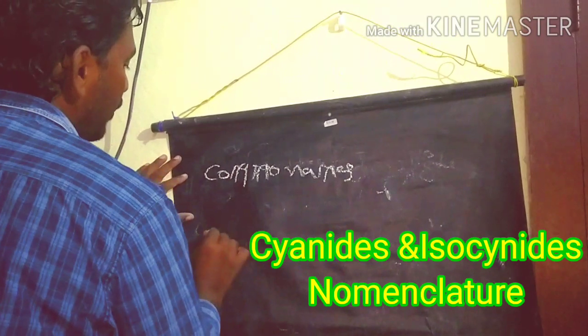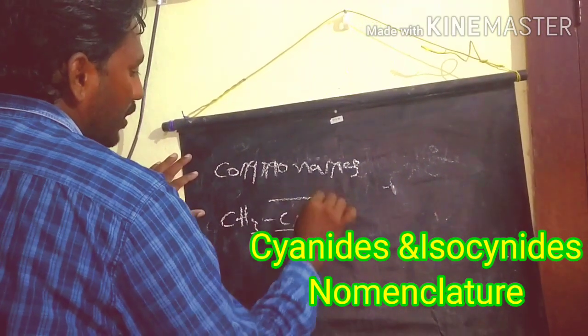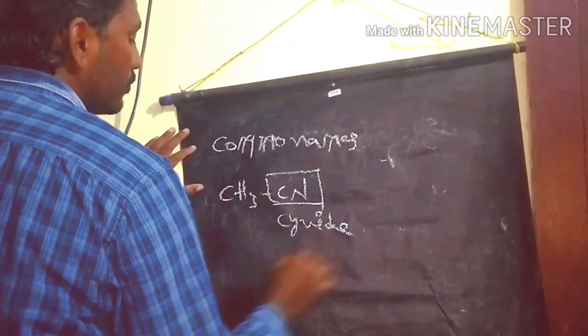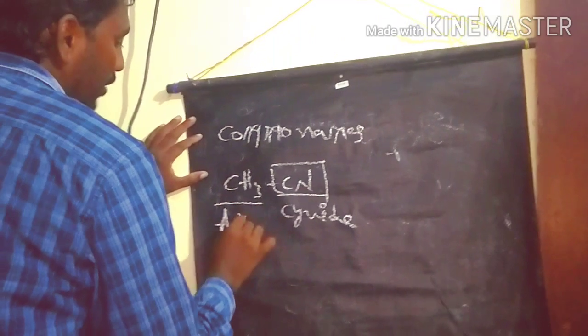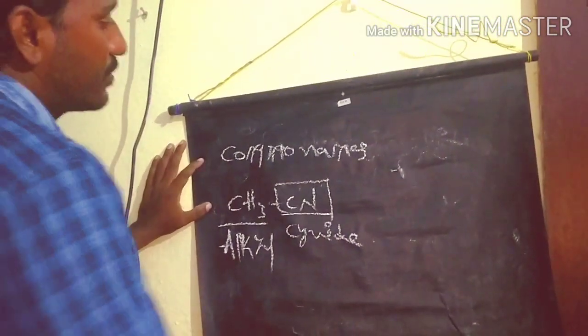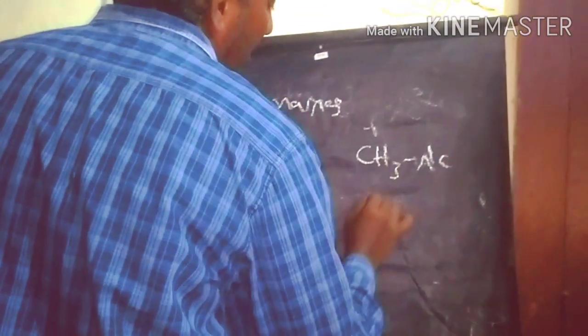In common names we call them cyanides. We consider this group as the cyanide, and the remaining group gives the name alkyl cyanide. The isocyanates we also call alkyl isocyanates.